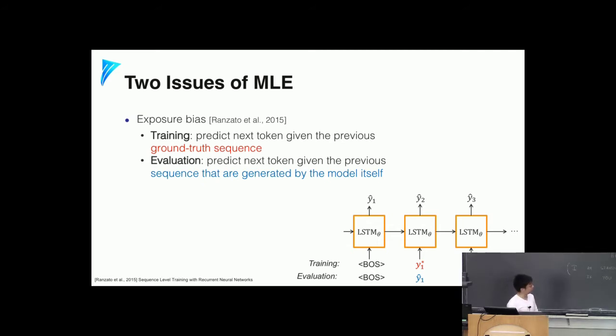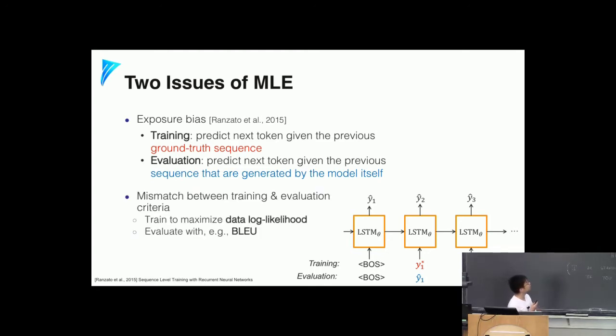So this is one problem of this common method, maximum likelihood learning. And the second issue is that there is a mismatch between training and the evaluation criteria. Because at the training time, we maximize data log likelihood, but at the evaluation time, right, we use a BLEU score, for example, for machine translation.